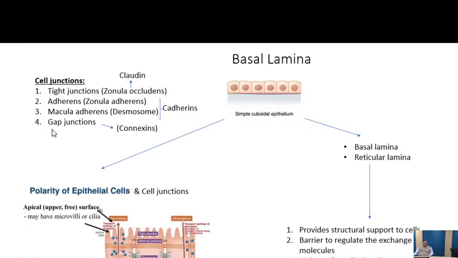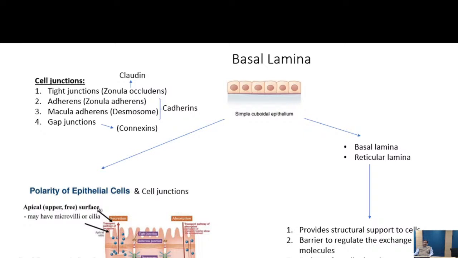Apart from this, there is also a necessity for the cells to communicate with each other. Not only do they need to be bound together, but at many points of time it is also necessary that these cells communicate through chemical messengers like calcium. So these cells are connected by a special type of junction called gap junctions, made up of proteins called connexins.